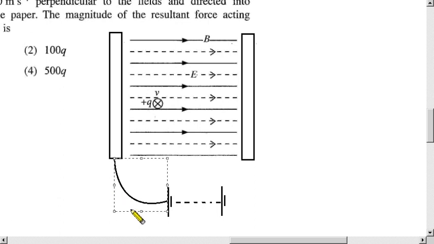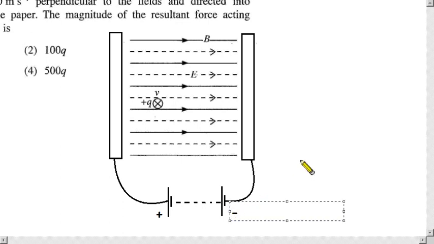So they don't give even the direction of the electric field, because looking at the battery's polarities, you should be able to decide the direction of the electric field. So therefore I delete this, that is the magnetic field, these arrows.